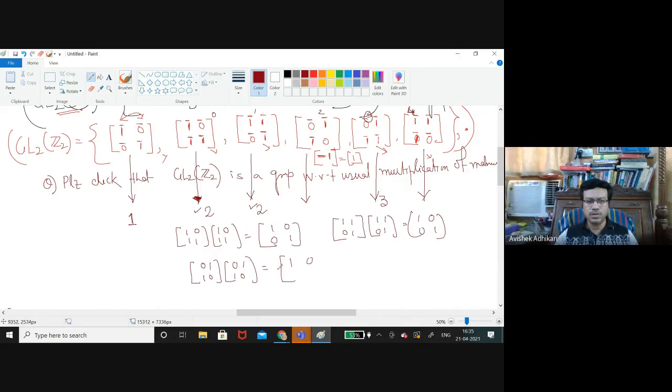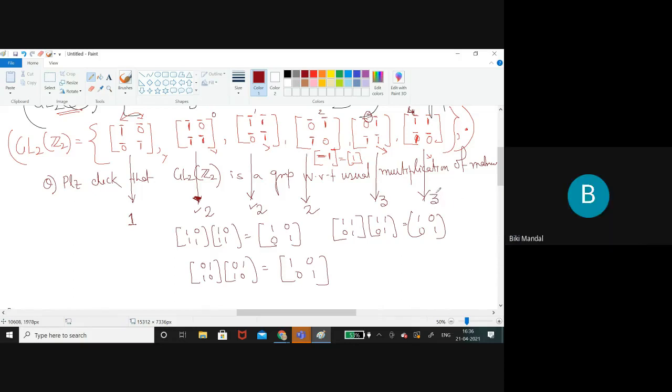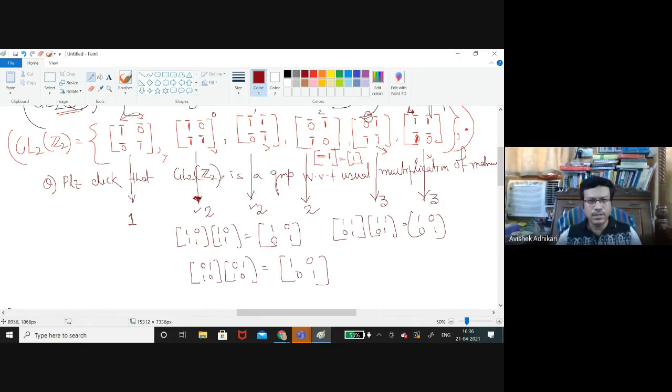This is 0, 0. This is 1, 0, 1. So this value is 2. And hopefully this value will be 3. Somebody has checked? Yes, sir. 3. So what you can see is the orders of these elements are 1, 2, 2, 2, 3, and 3.